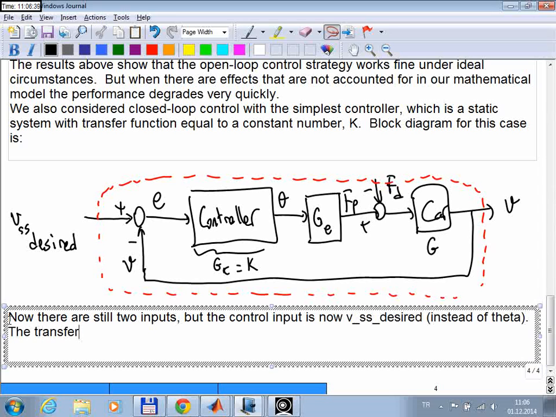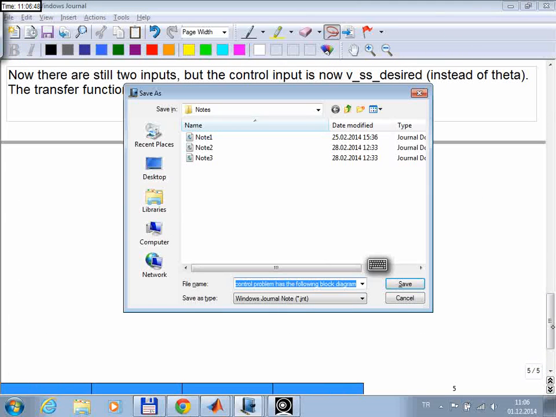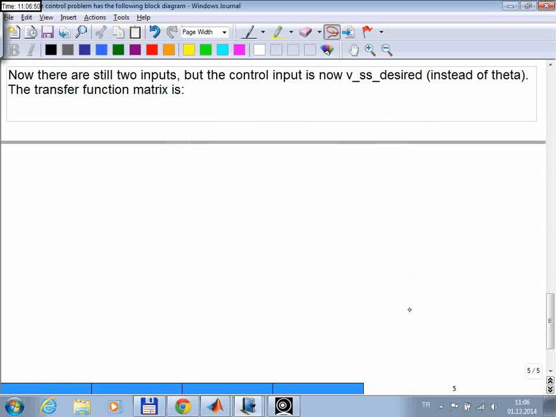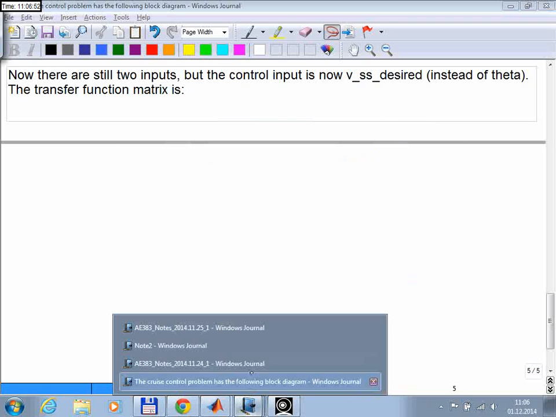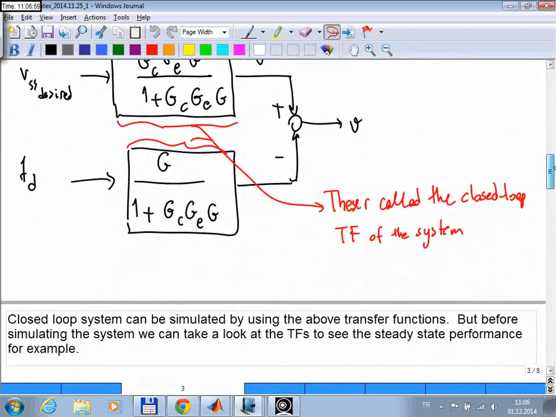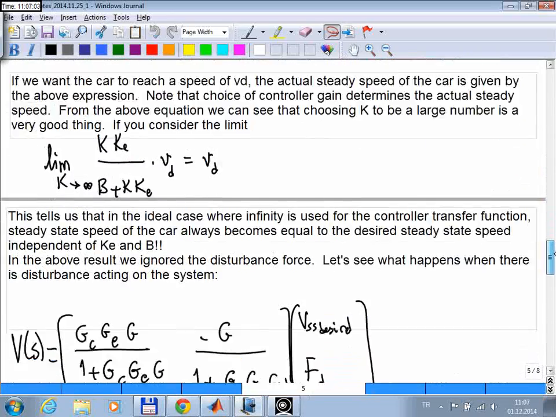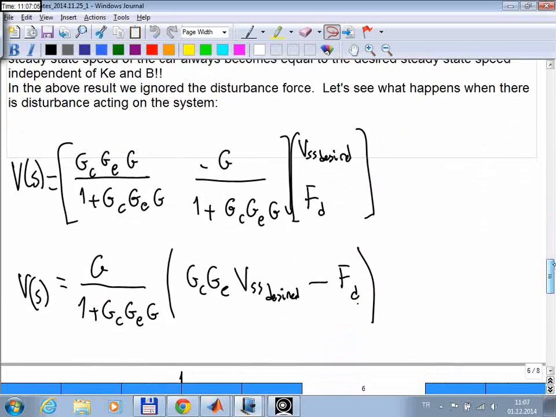The transfer function matrix is, so this is a transfer function.